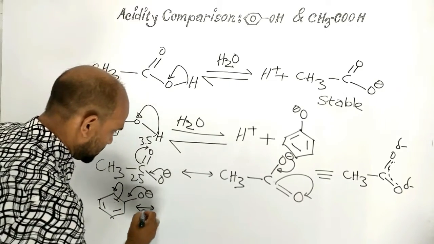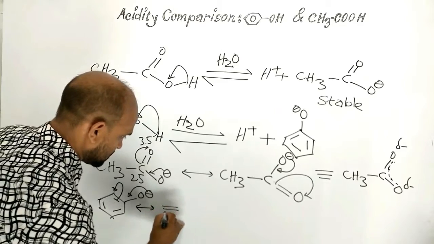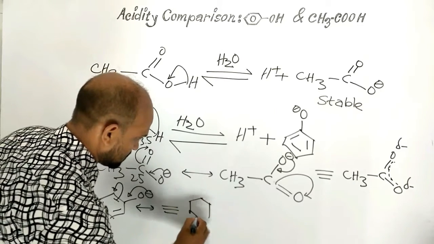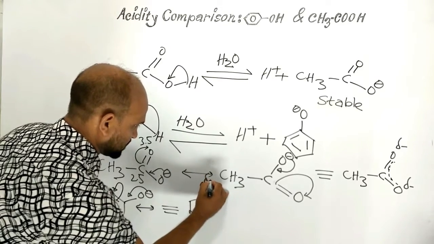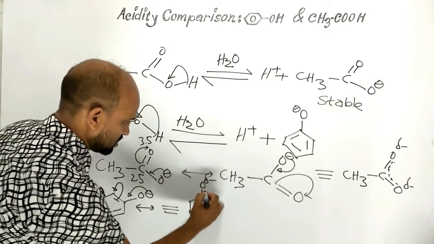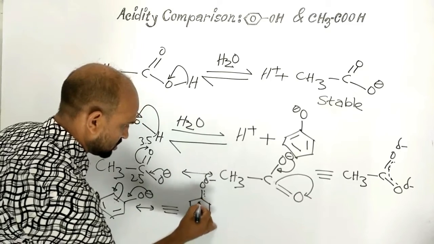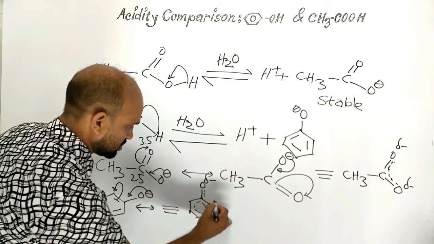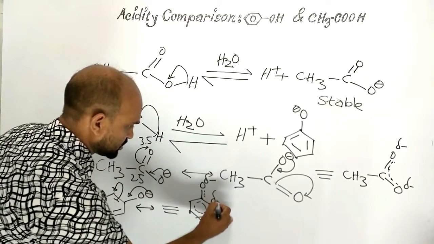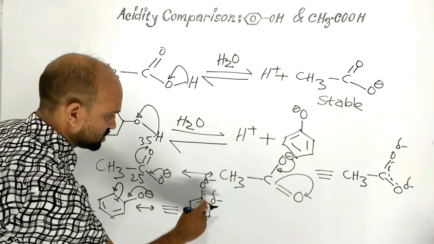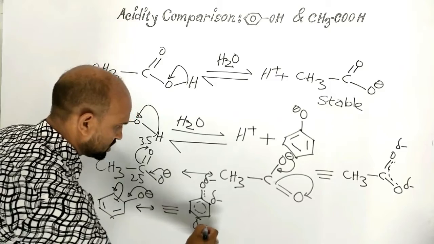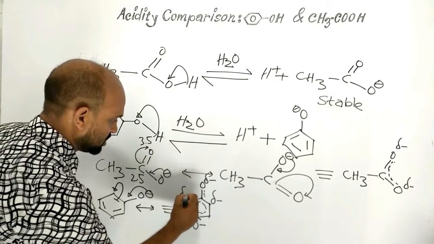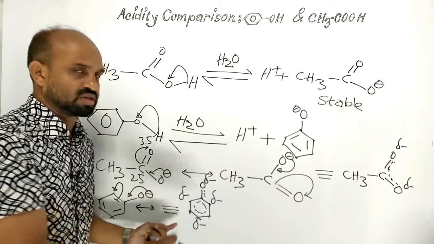The hybrid structure is: partially negatively charged oxygen, partial double bond here, partial bond, partially negative charge at the ortho position, partially negative charge at the para position, and partially negative charge at the ortho position again.